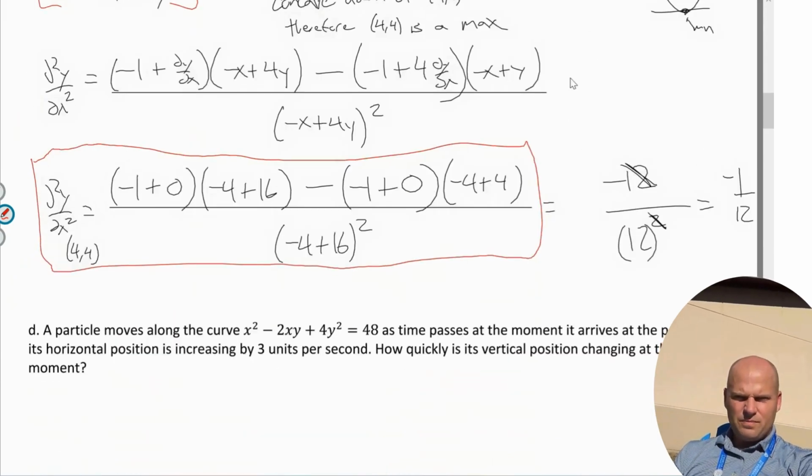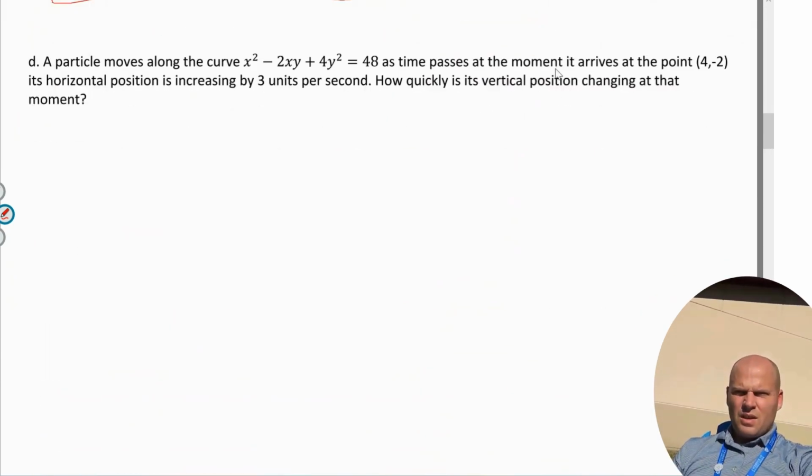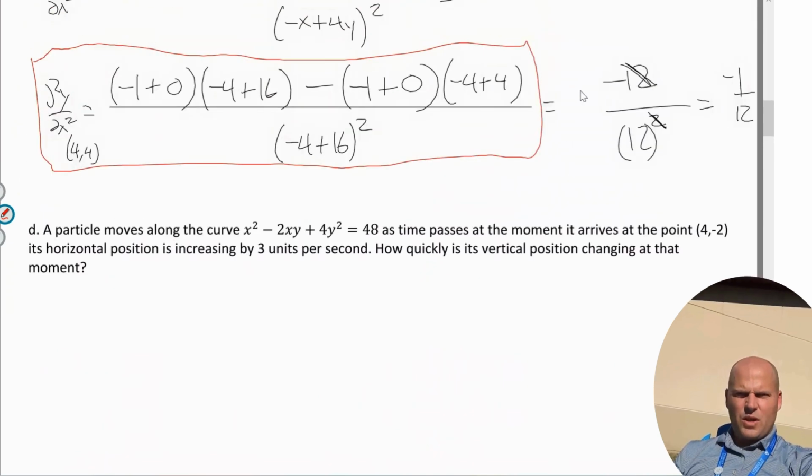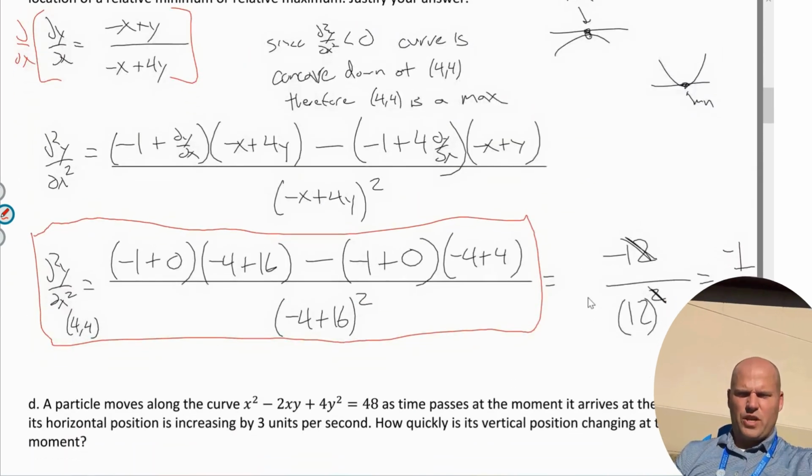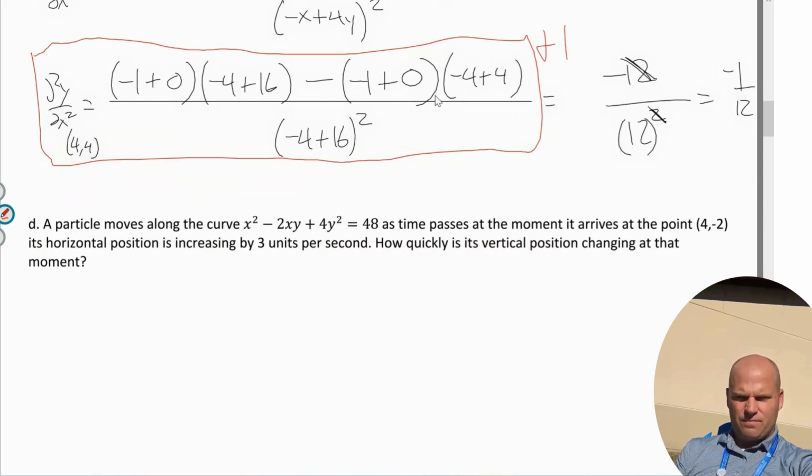This question, probably 1 point for your second derivative value, 1 point for the decision that it's a max with the justification.